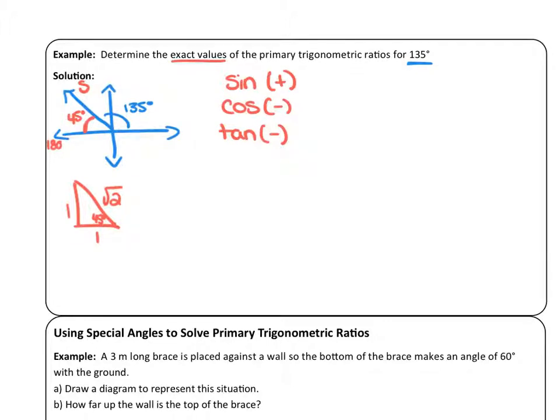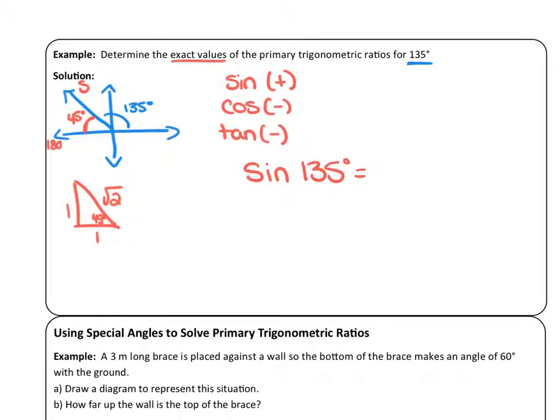Sorry. So here's what we're going to do. If we want to know the exact primary trigonometric ratios for 135, sine 135 is the same as the 45 degree because that's our reference angle.